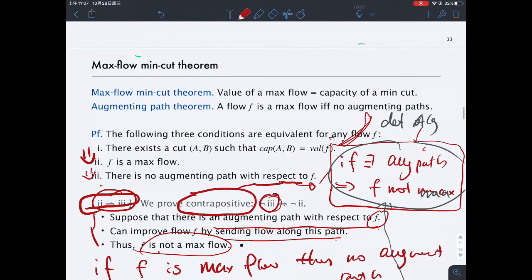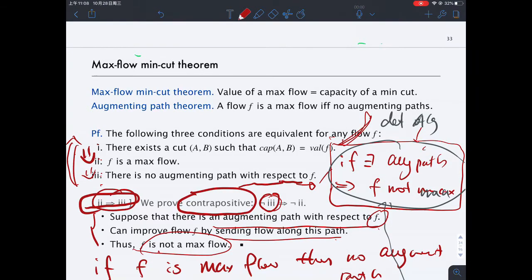right? So now we have that 1 implies 2, 2 implies 3, 3 implies 1. That basically means that we managed to show that all these 3 are equivalent. After we show all these 3 are equivalent, then it becomes trivial. If the flow is a max flow, that basically means that condition 2 holds, then there's no augmenting path, so condition 3 also holds. 2 implies 3, 3 also implies 2.